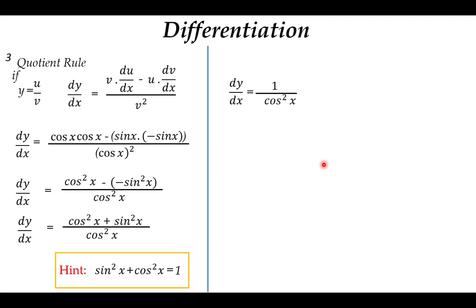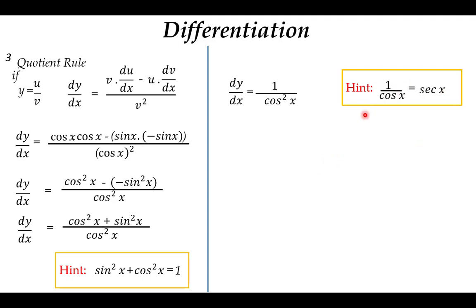This particular solution is full of hints. Let's take another hint. 1 over cos squared x brings us to introduce this hint. We should know that 1 over cos x is equal to sec x. In the same vein, 1 over sin x is equal to cosec x, and 1 over tan x is equal to cotan x.